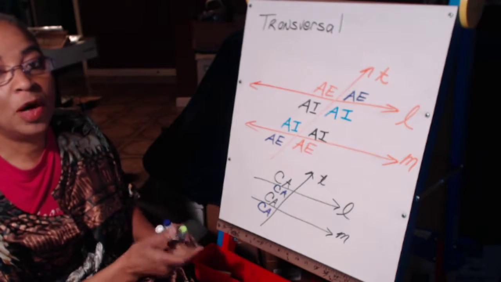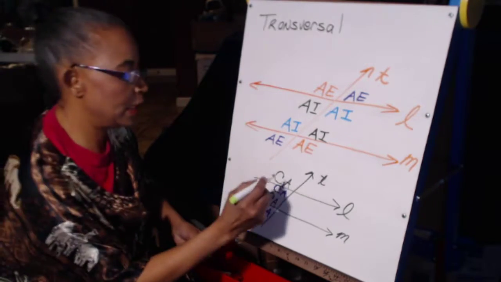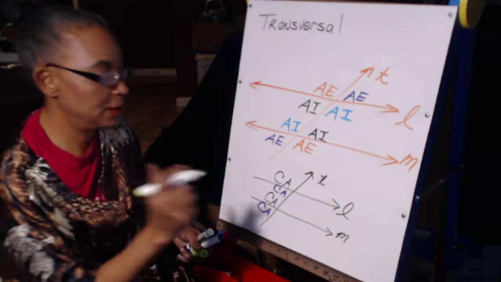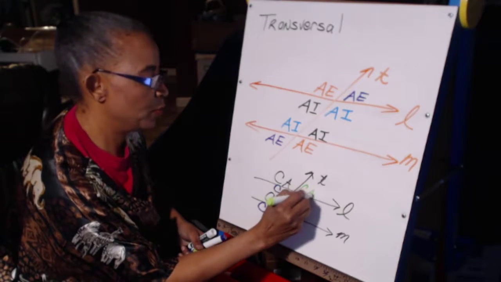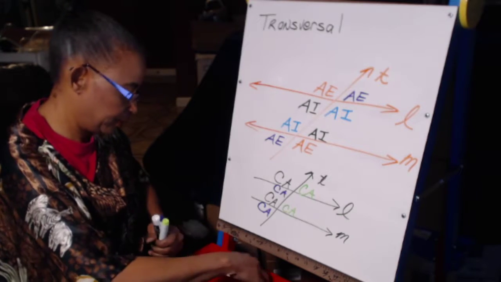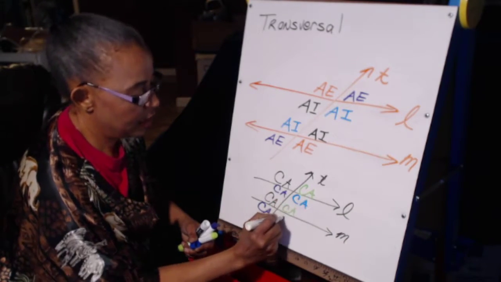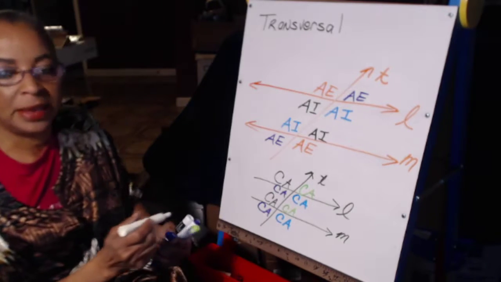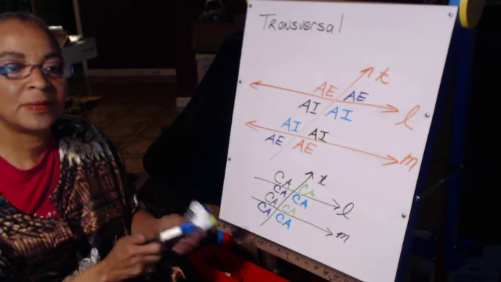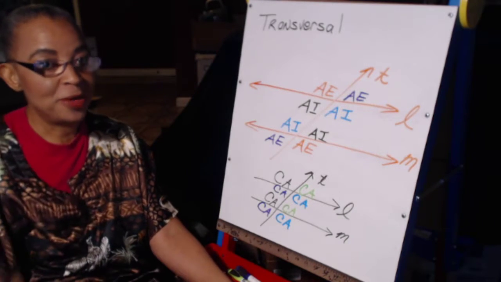Notice they're on different sides of the transversal, one inside and one outside, and they are not adjacent. Corresponding, corresponding, corresponding, corresponding. That's our completion. I'll come back with the problem.